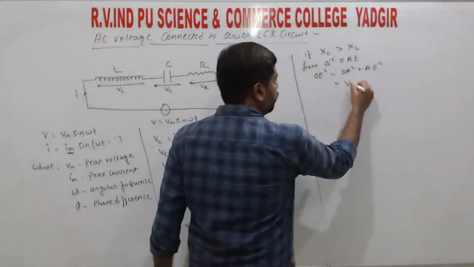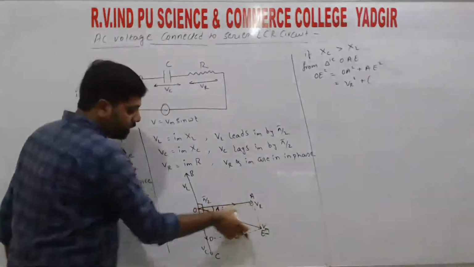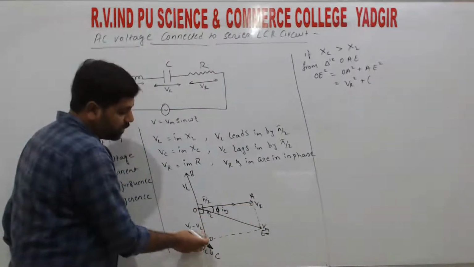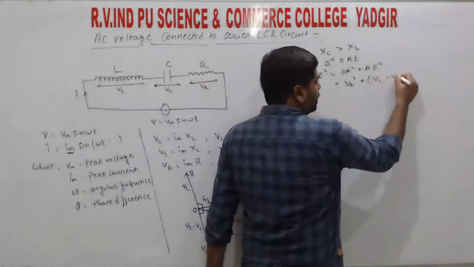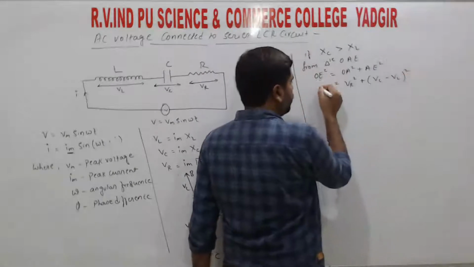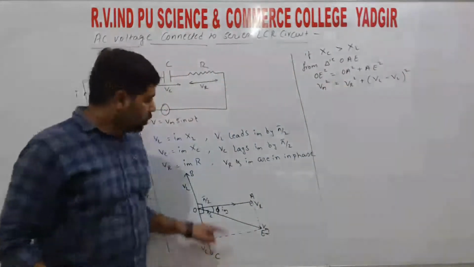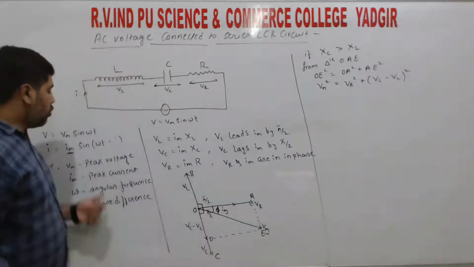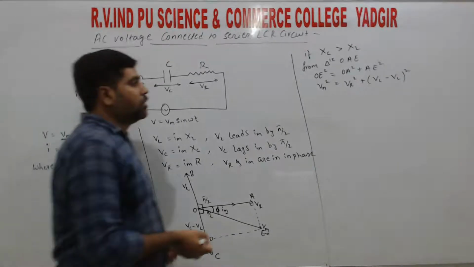That is VR square plus AE. So AE is equal to OD. That means it gives the voltage difference between the capacitor and the inductor, right? So that is VC minus VL whole square, and OE square is Vm square, right? So OE gives the magnitude of the peak voltage, that is Vm, right?